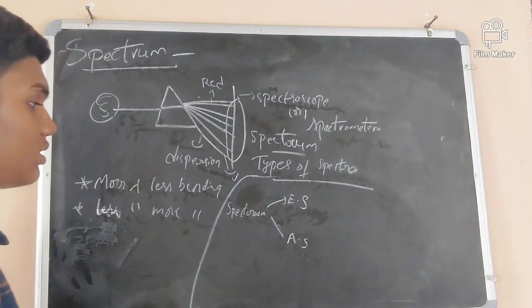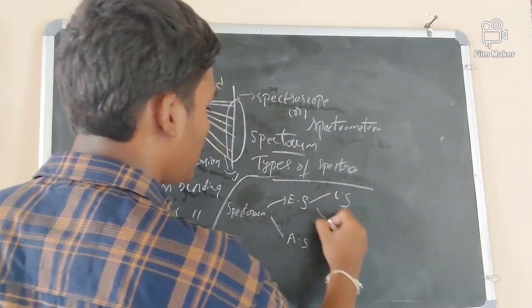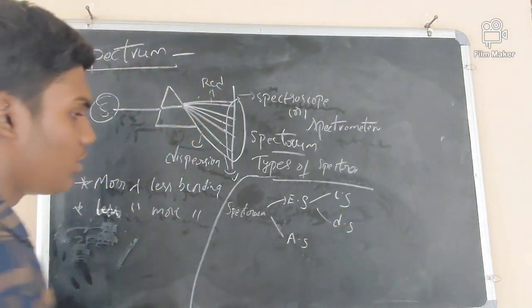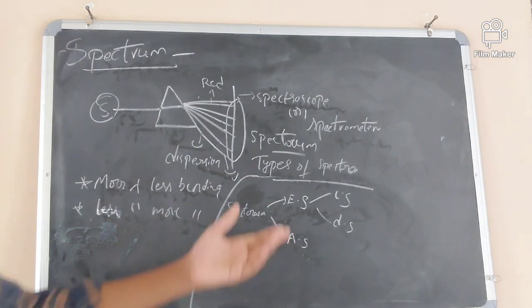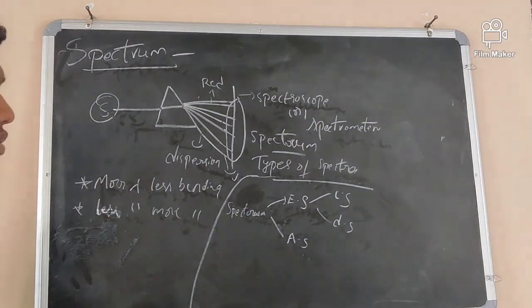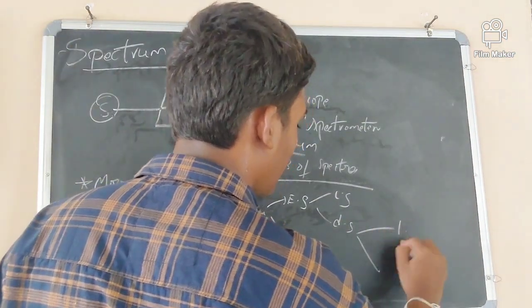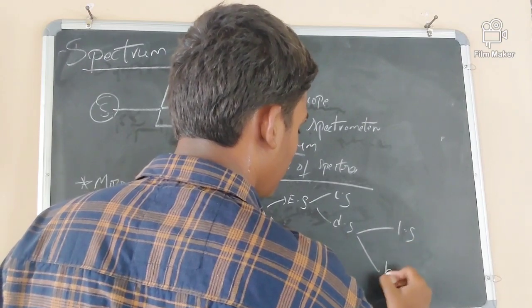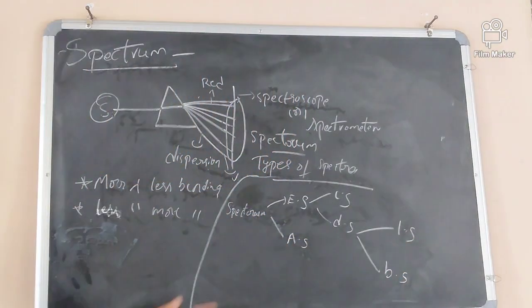The emission spectrum is further divided into continuous spectrum and discontinuous spectrum. Discontinuous spectrum is further divided into line spectrum and band spectrum.